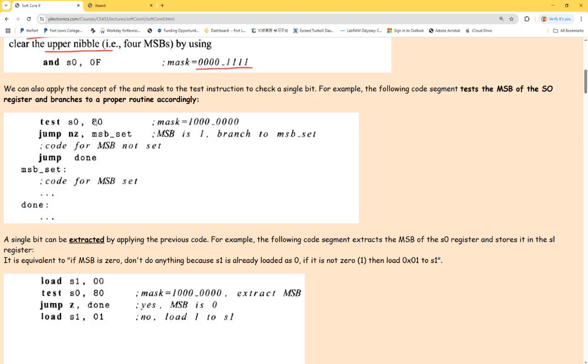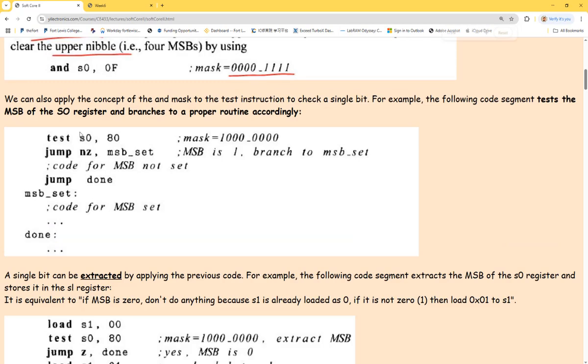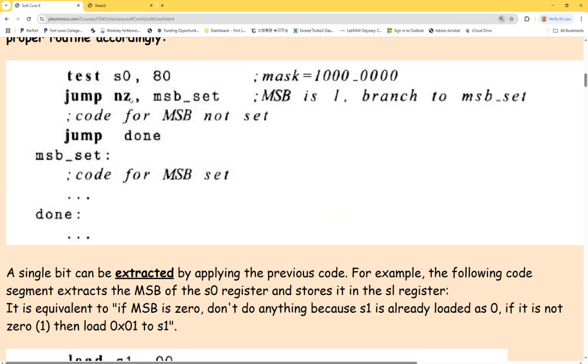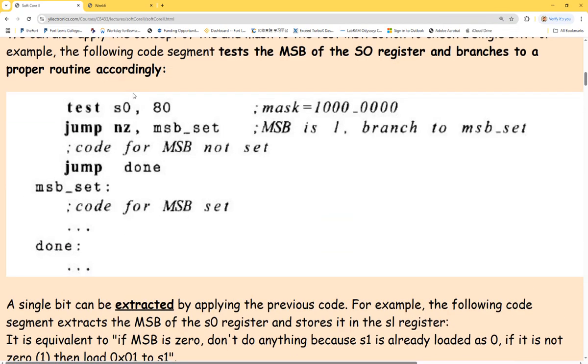The A0, it's a hex number, so it's going to be 1 and 4 zeros. So this is doing a bitwise AND with S0, because all the other ones are zeros, so it's going to clear all the rest of the bits of S0.